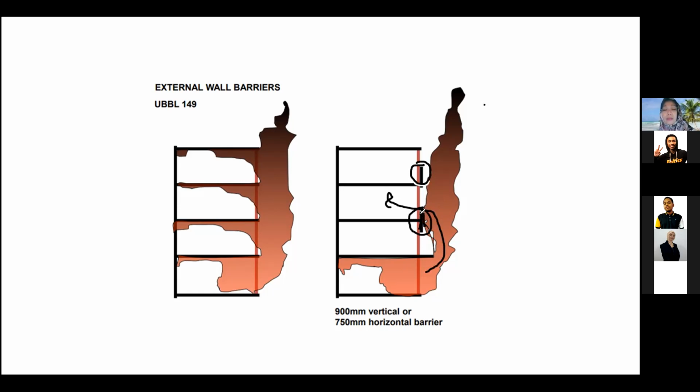Maybe this is the push factor to save many occupants inside the house. So that is why the bylaw asks us to put the external wall barrier. Okay.